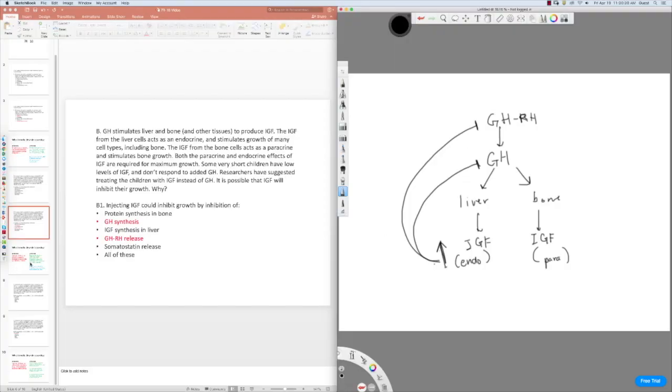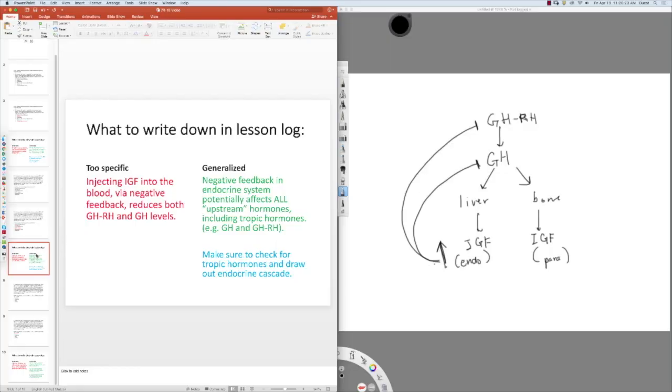All right. So again, what do we want to take away from this? On the left-hand side, we have the statement that we shouldn't be taking away, because it's far too specific. Namely, injecting IGF into the blood via negative feedback reduces both GHRH and GH levels. Again, everything's correct. It encompasses both answer choices.